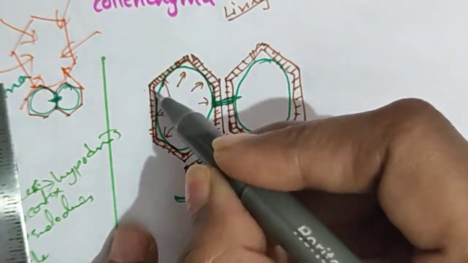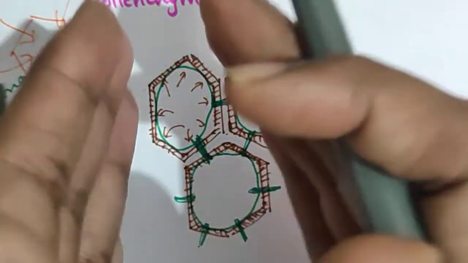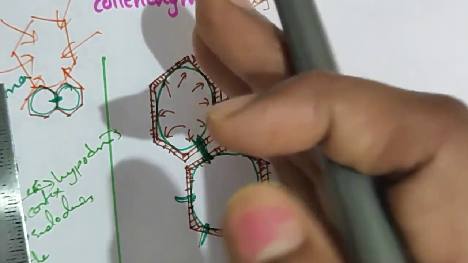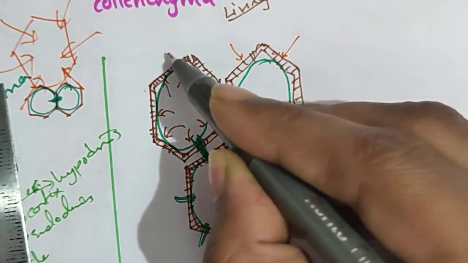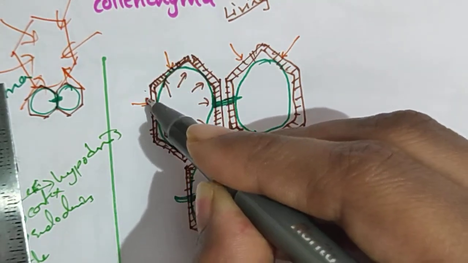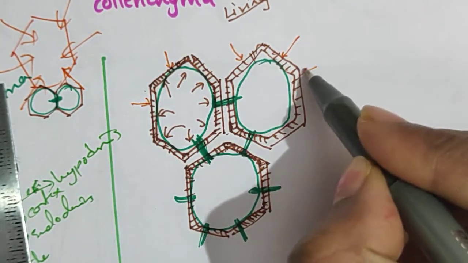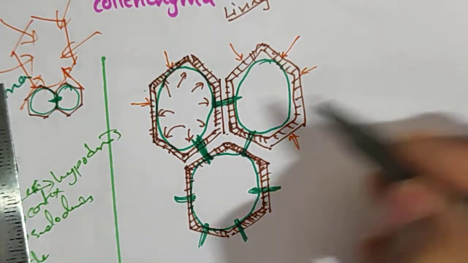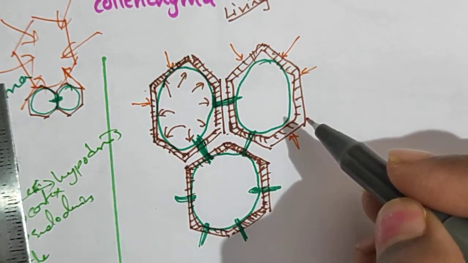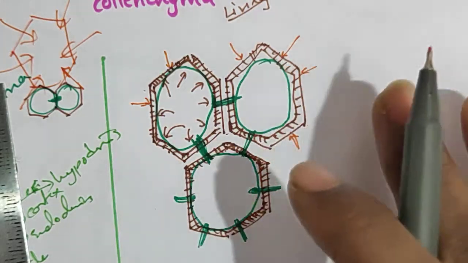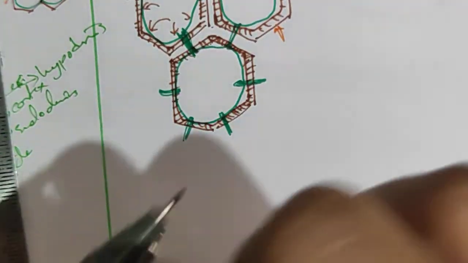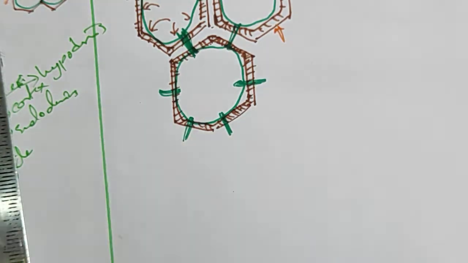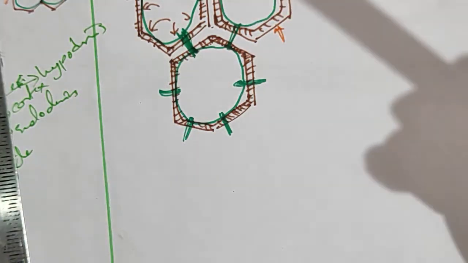But due to the thickening of the cell wall, the transportation has been reduced, so that only a very little amount of molecules are transported where pores are present and the thickening is very less, not through all sides. Depending upon where the deposition occurs, collenchyma is mainly divided into angular, lacunar and lamellar.